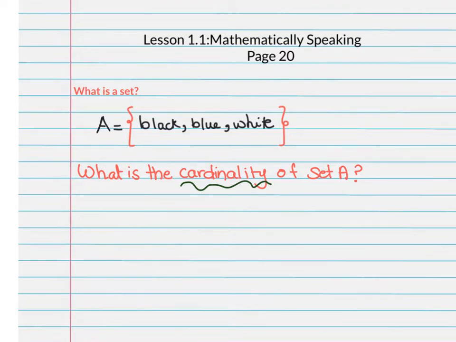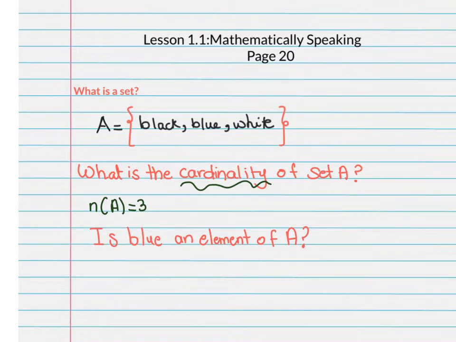To represent the cardinality of set A, we write lowercase n, parentheses A, is equal to 3. This can be read as there are 3 elements in set A, or the cardinality of A is 3.